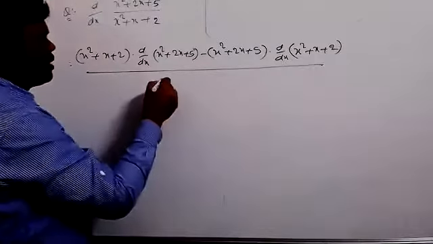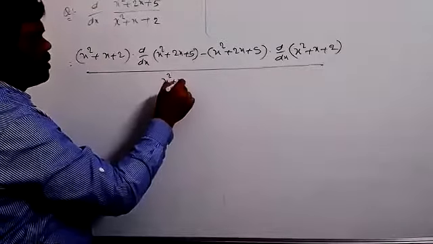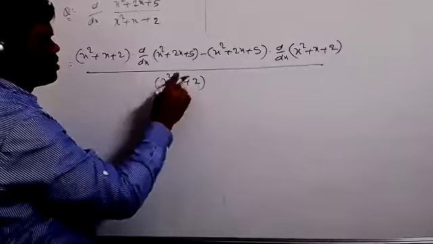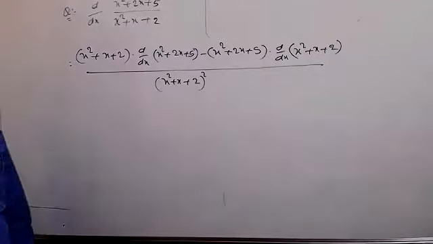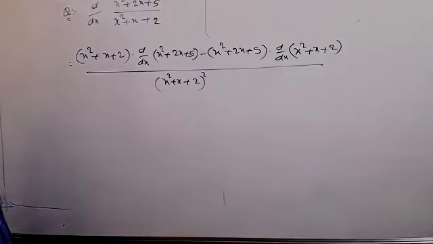What is the v here now? x square plus x plus 2 whole square.